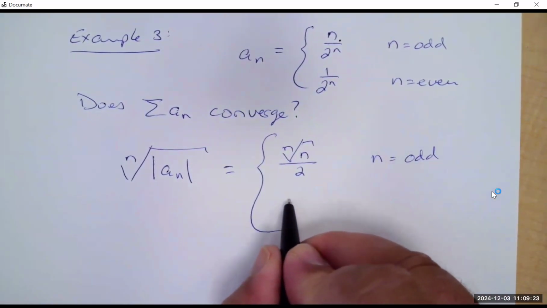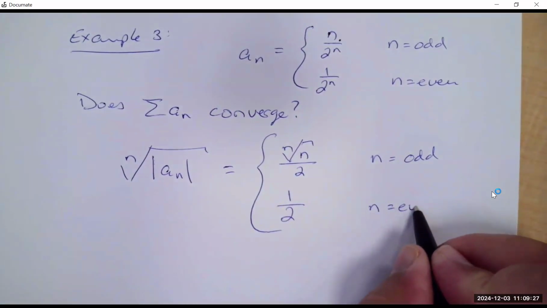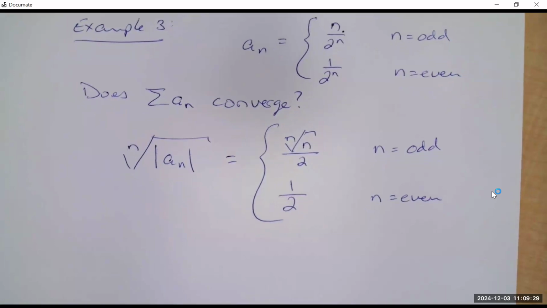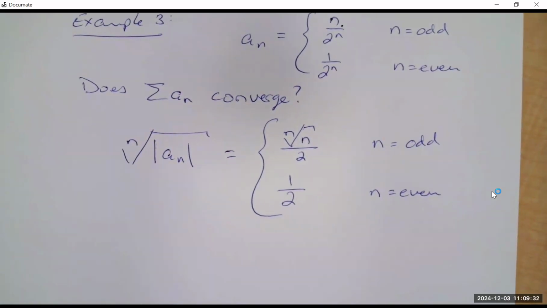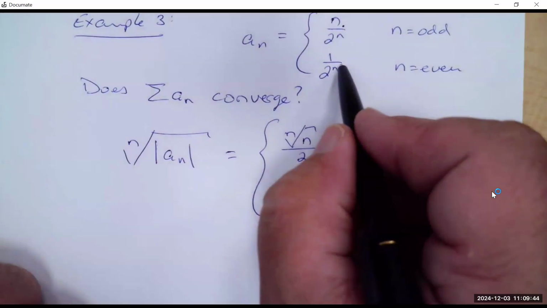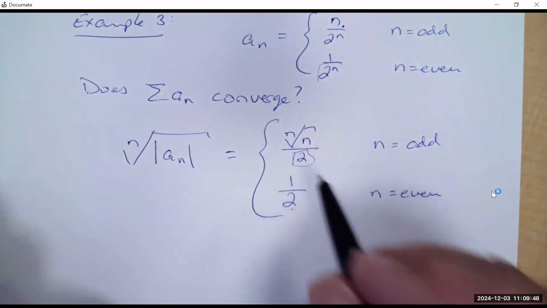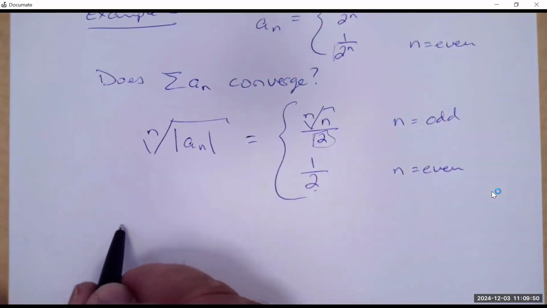This one is 1/2 for n even. Because why is it 1/2? Let's look at the bottom numbers and see what happened here.